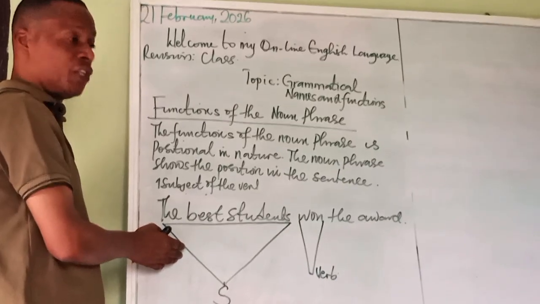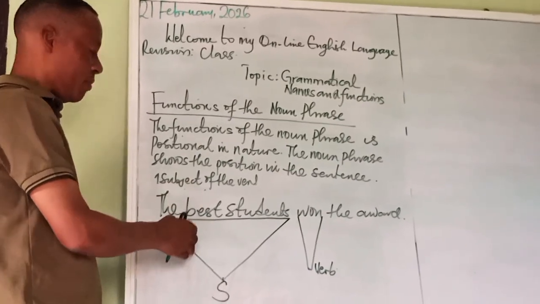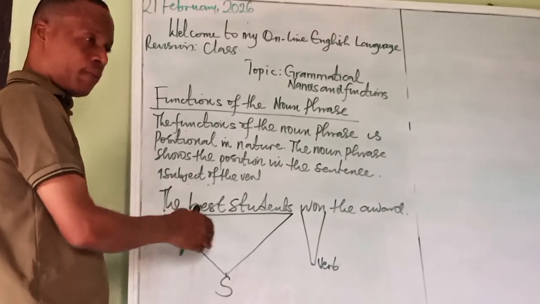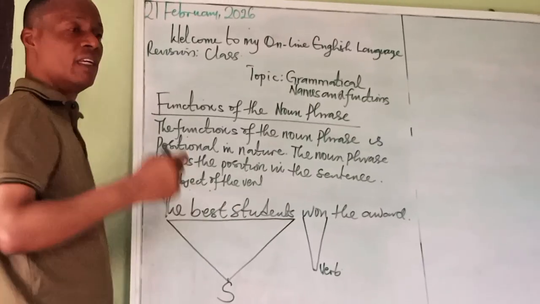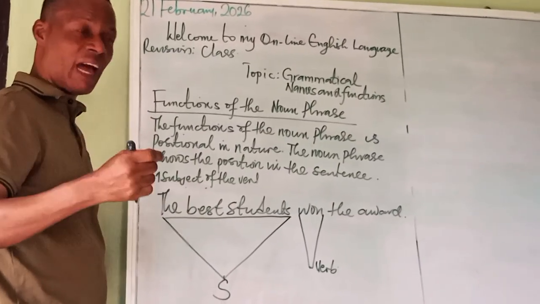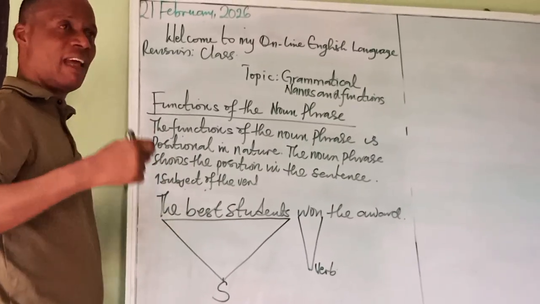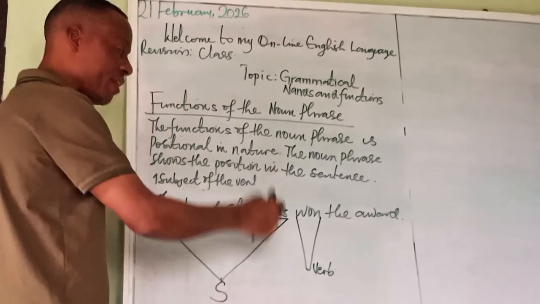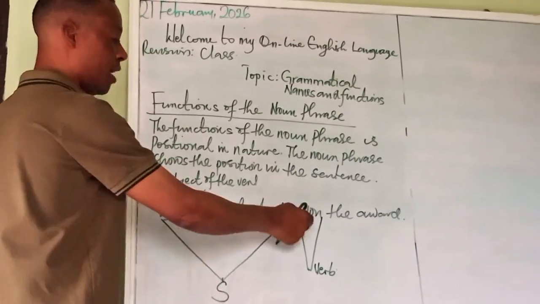The subject position is usually the first part of the expression, showing the group of words or the noun or the pronoun that is carrying out the action of the verb in the sentence.